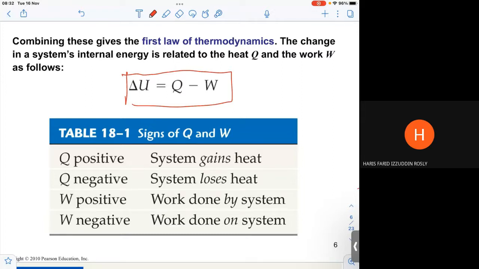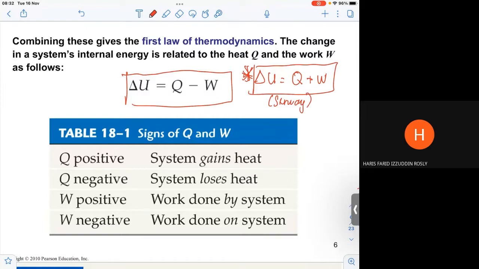But if anyone has the Serway textbook, the author has written delta U equivalent to Q plus W. These are the equations that you should use, because this was taken from the Serway textbook. I want to highlight that.